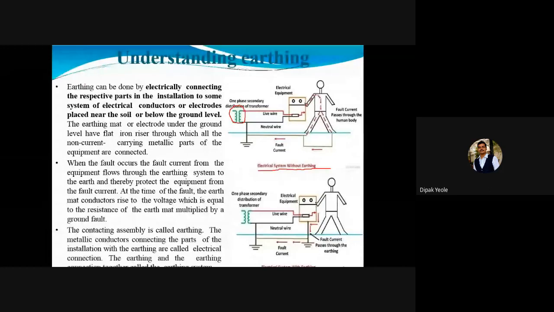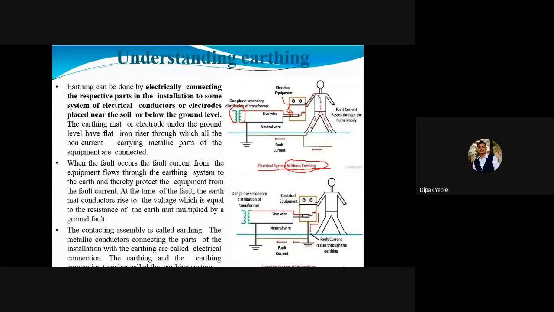So this electrical equipment is there, and if there is no possibility of earthing, then if the person touches this electrical equipment, suppose there is a fault which is going to happen inside this electrical equipment due to any short circuit current, then from that person's body the excess charges are going to flow and it will go to the earth. Yes, so this is called as fault current direction.